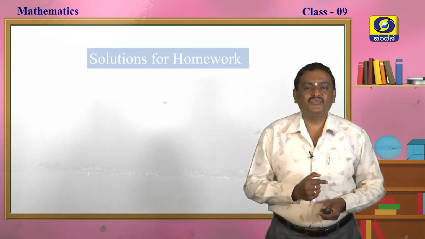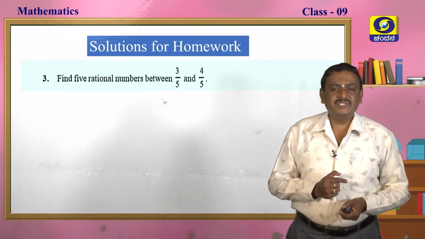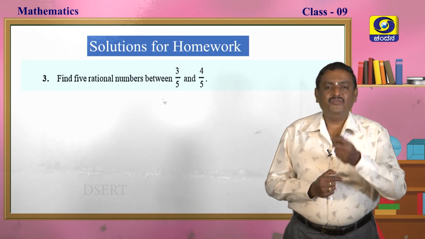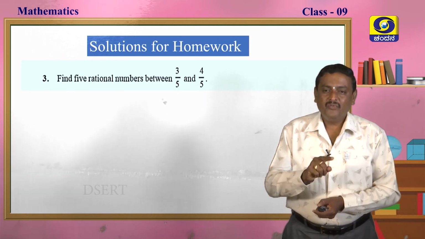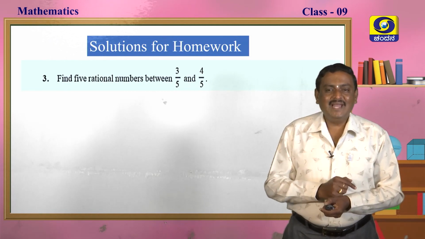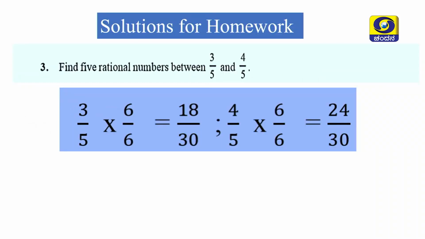Okay. For the next one, find 5 rational numbers between 3 by 5 and 4 by 5. We need 5. So, 5 plus 1 is 6. Multiply both numerator and denominator by 6, that is 3 by 5 into 6 by 6, that is 18 by 30, and 4 by 5 into 6 by 6, that is 24 by 30.